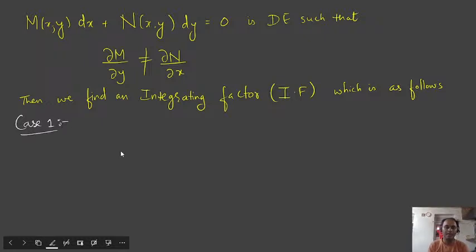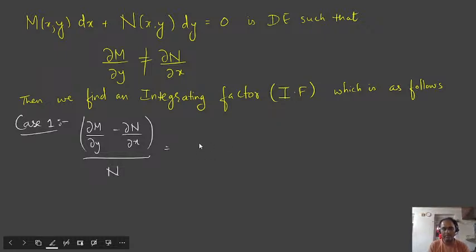Let us see. First case: you keep the numerator the same all throughout, dM/dy minus dN/dx. When you have this, and you divide by capital N, you must get a function of x alone.